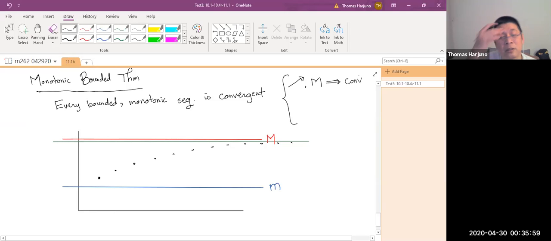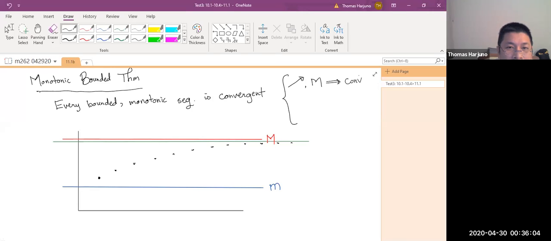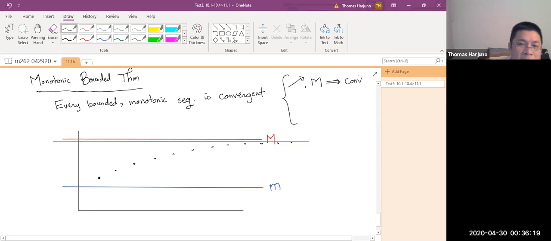Do you see that? Notice that in the illustration I gave you earlier, I said it's bounded with capital M and lowercase m, and it is monotonic. I asked you, do you want it to be increasing or decreasing? You said increasing. Once you tell me that it is increasing, then it will be convergent. But notice that I didn't use the lower bound in my argument.